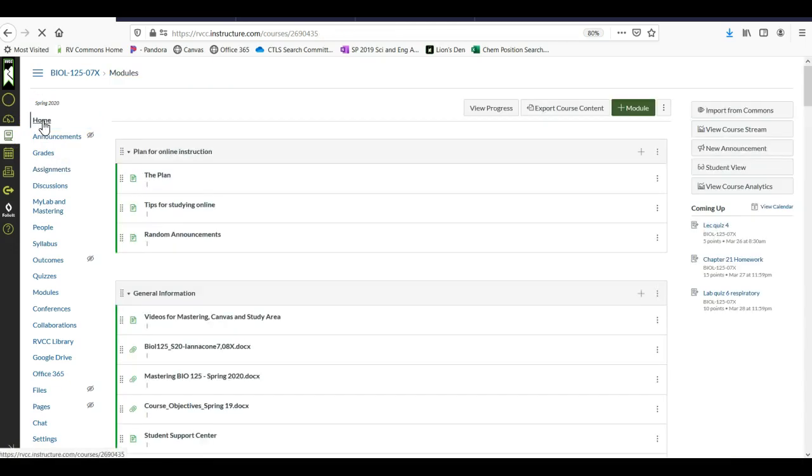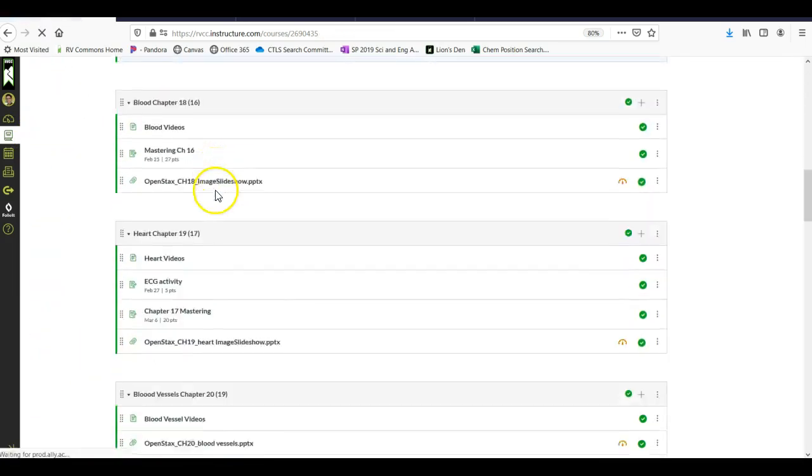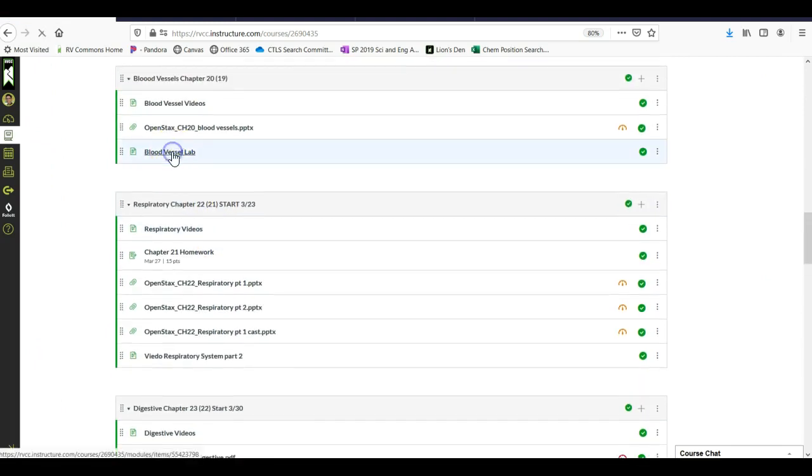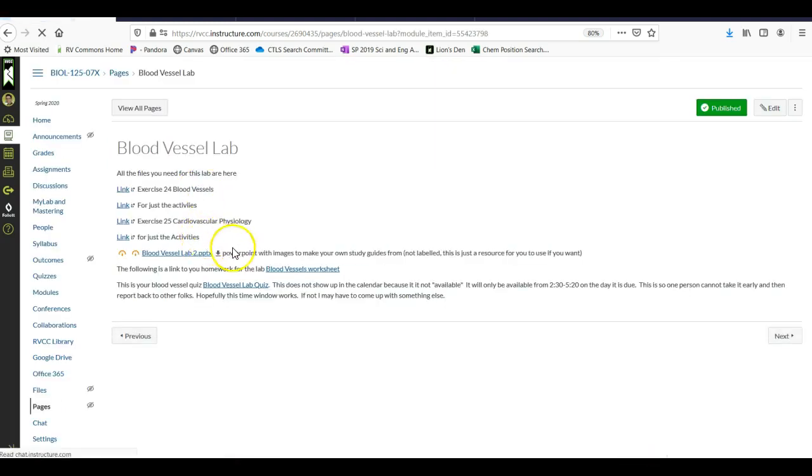If I'm remembering correctly, there's Blood Vessel Lab. If you're in the 7-8 section, which this screen is a shot of, I'm also going to put up a PDF file if you don't have PowerPoint on your home computer.